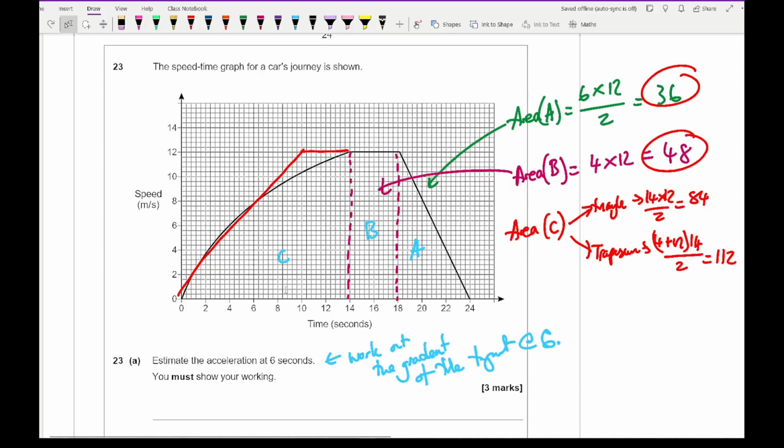There are several answers you could get, but in terms of working those out, let's just go for any of those. So let's go for the trapezium.